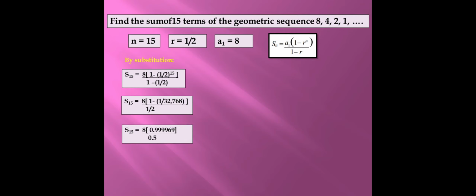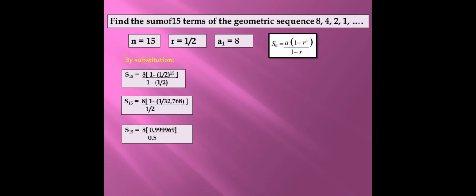So let's proceed. S sub 15 now is equal to 8 times the difference of 1 minus 1 over 32,768, which using our calculator is 0.999969 and so on, over 0.5. So 1 half is 0.5.